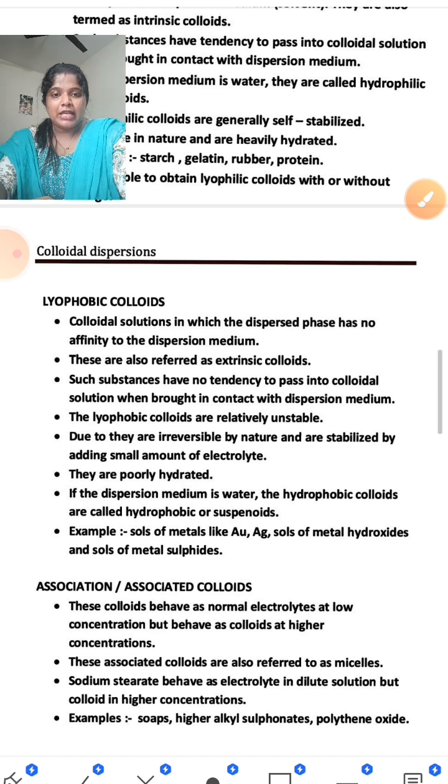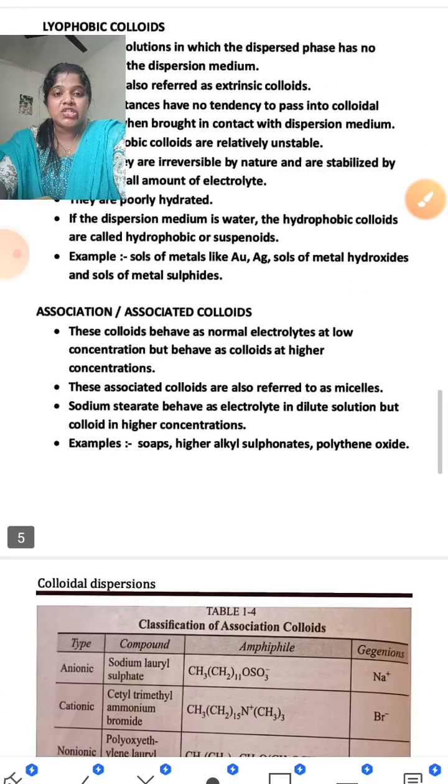And the last is association or associated colloids.